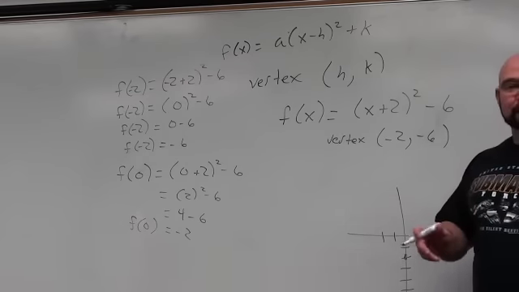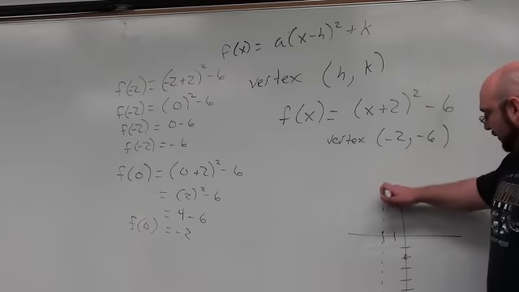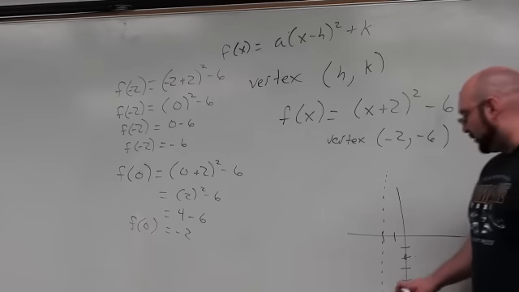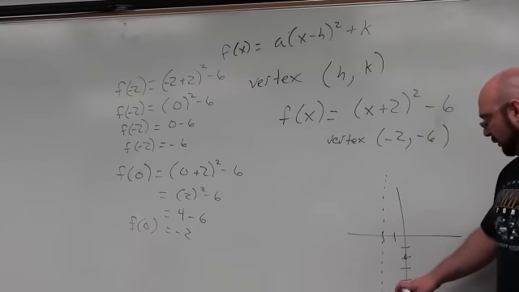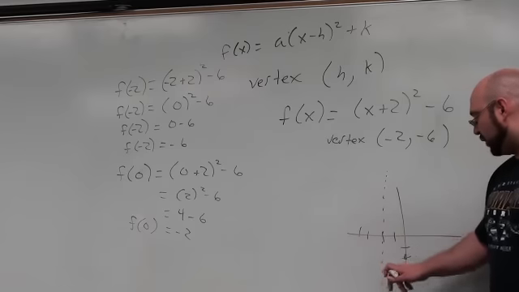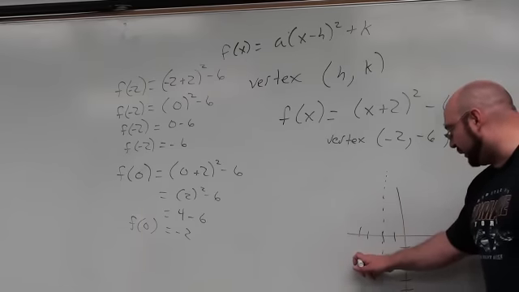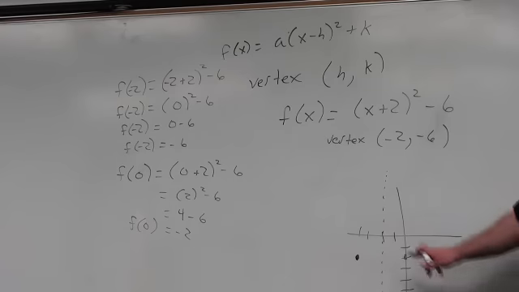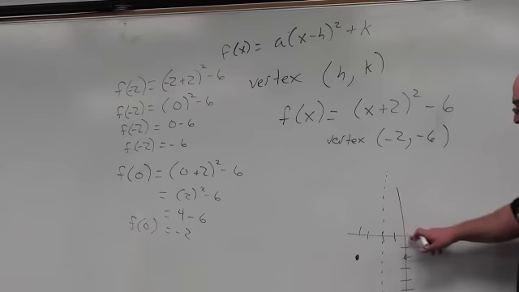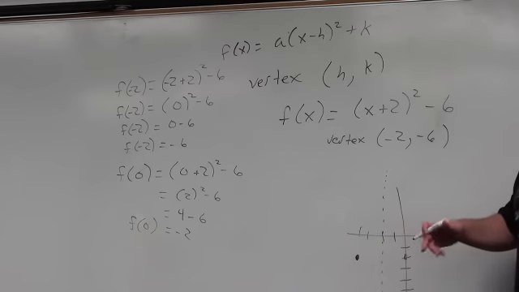Now, check it out. We're going to talk about symmetry with this. Essentially, our vertex is going to give us our line of symmetry. If I know that from here to here is a distance of 2, I'm going to come back over 2, and I'm going to get the same point. I'm going to demonstrate that for you. Notice from this point to this point, there's a distance in the x of 2, and from this point to this point, there's another distance of 2.